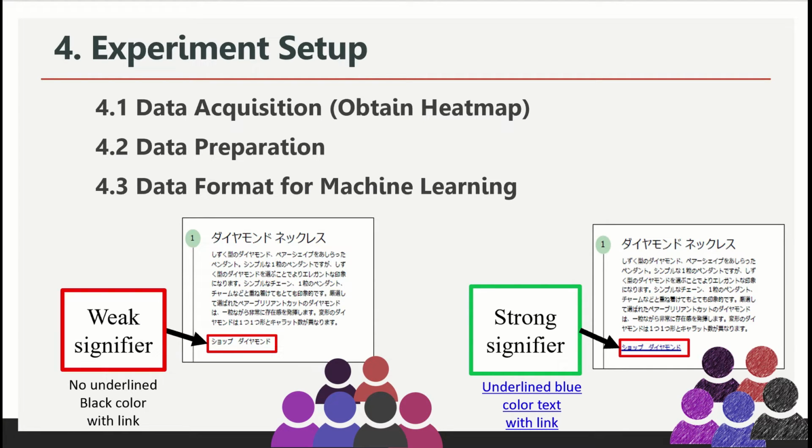The two versions differ in the use of signifier as an interactive element, namely text and link. The strong signifier version on the right includes underlined blue text used on interactive elements only. In contrast, the weak signifier version on the left uses plain text instead, as shown in the image. Before starting, we asked them to find and then click on the shopping link.